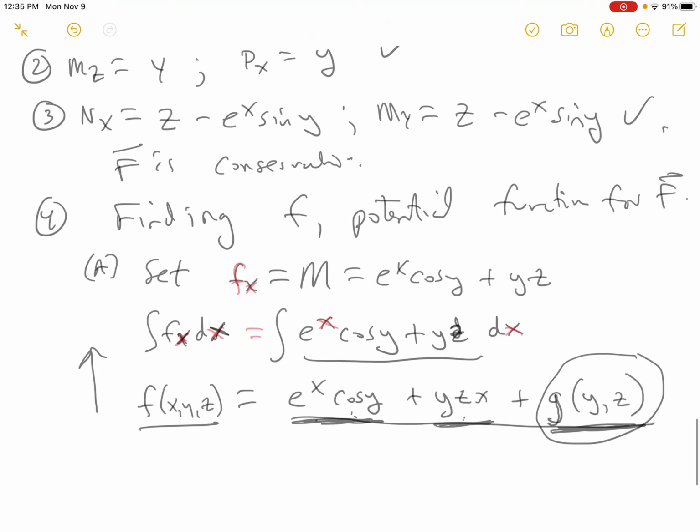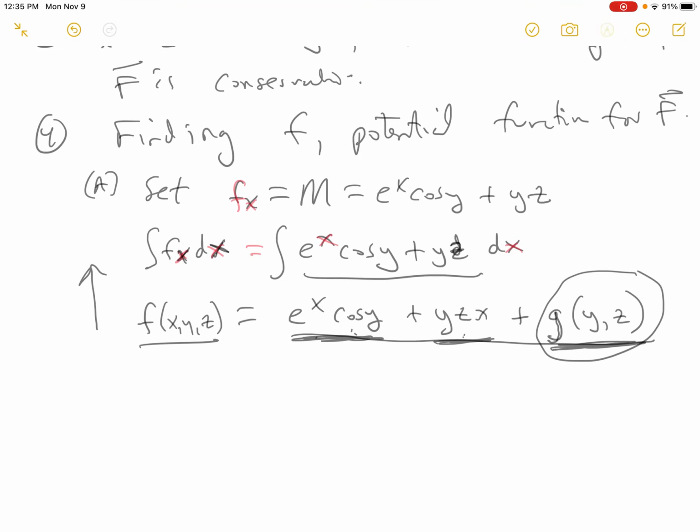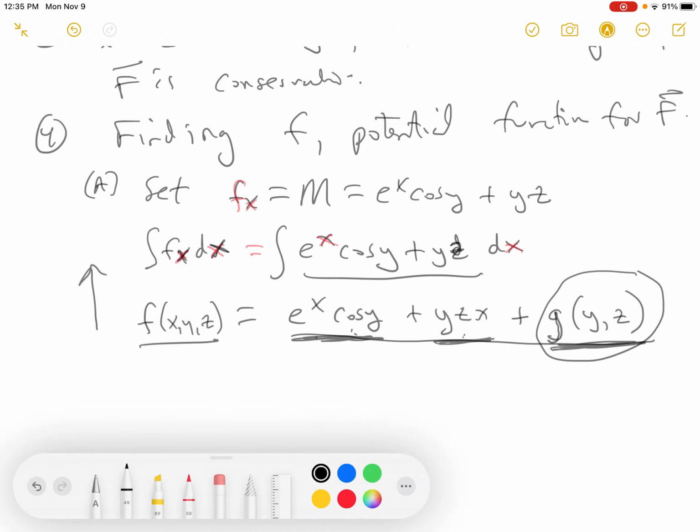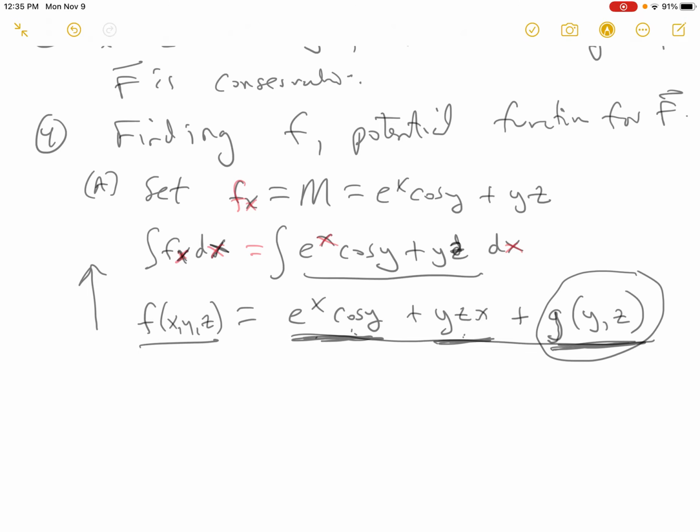Okay. So now I have my f. F of x, y, z is e to the x cosine y plus xyz plus function g of y, z. And we've satisfied the first condition for conservativeness, that f_x equals M.